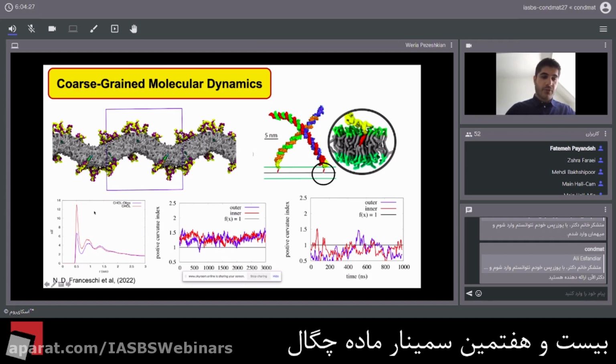This was also clear from the radial distribution function. This is a system containing cholesterol oligonucleotide, which means the single-stranded DNA part, and this one is just cholesterol. You can see the first peak of the radial distribution function for cholesterol is very high compared to cholesterol oligonucleotide.